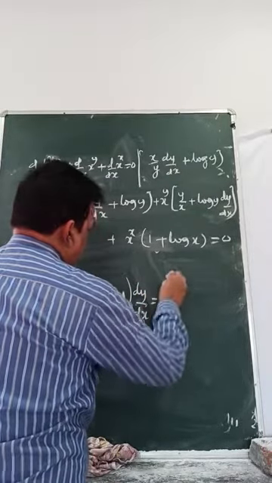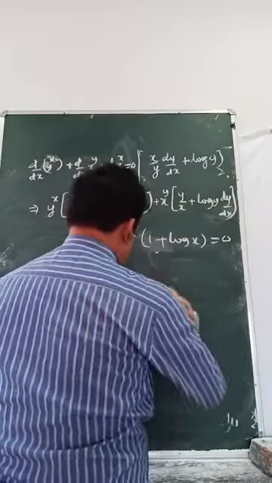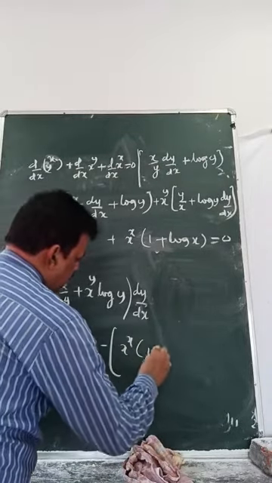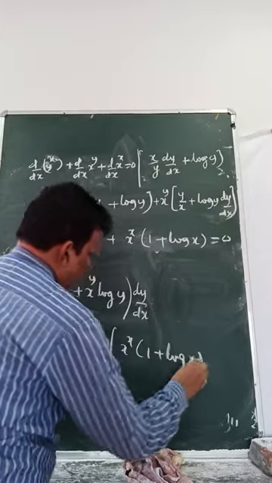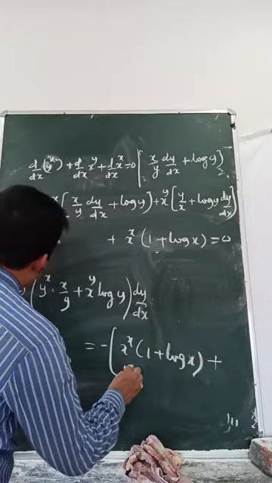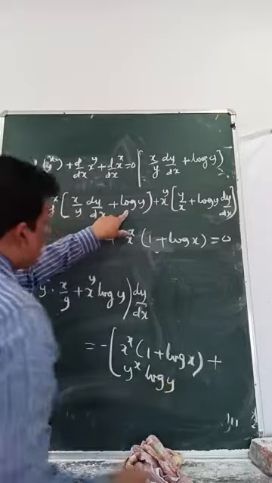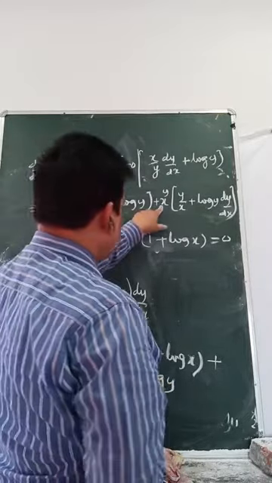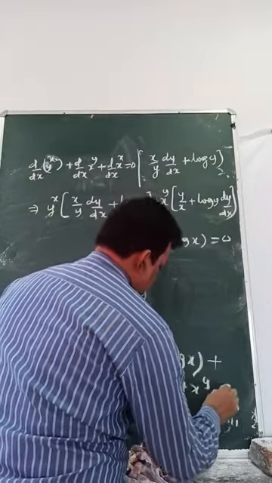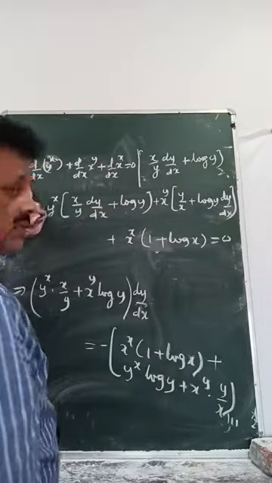Everything will go to the right side, will be minus. I can write here x to the power x into 1 plus log x, then this part plus y to the power x log y, then this part plus x to the power y into y by x. No need to simplify, simply divide here, you will get your result.